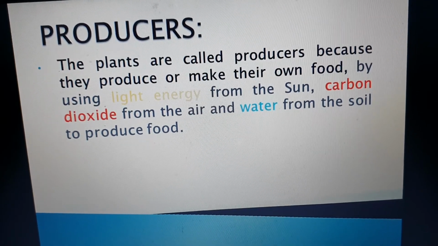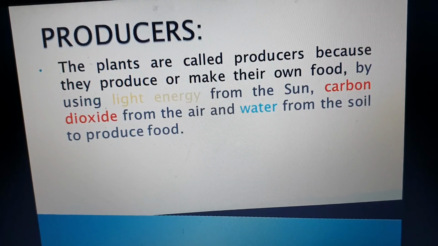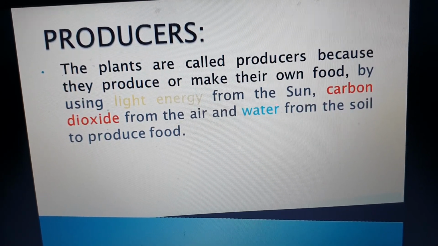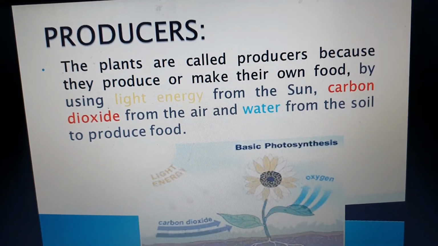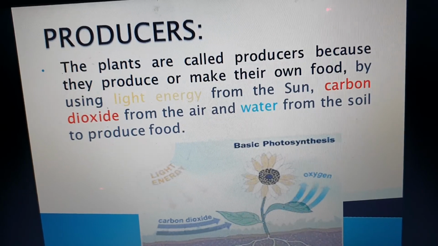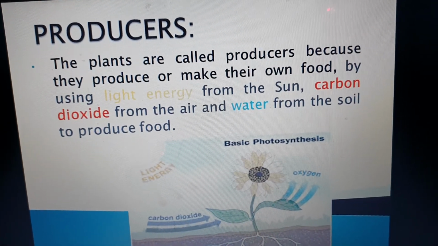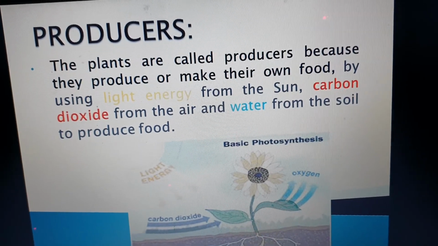And how are they making their food? By using light energy from the sun, carbon dioxide from the air, and water from the soil. You can see the picture also. You can see the light energy. The plants are using the light energy, and from where are they getting it? From the sun.